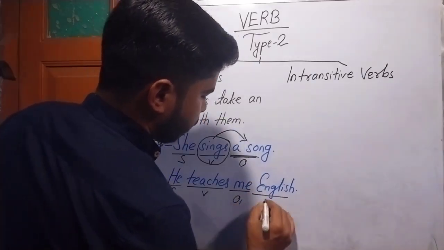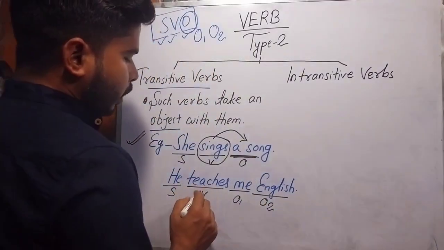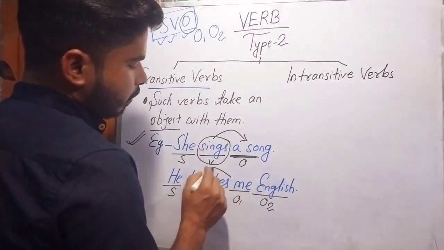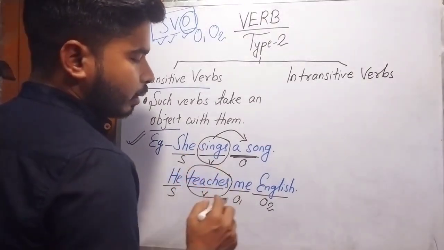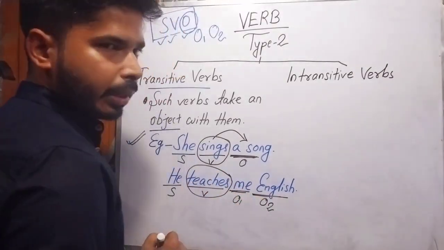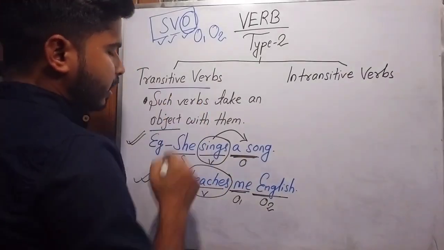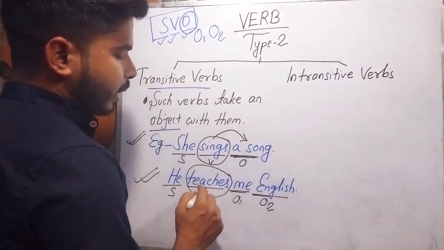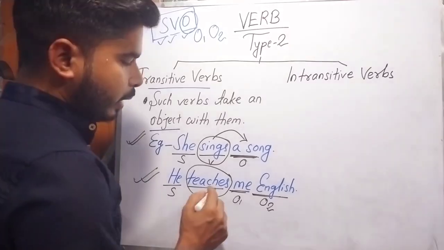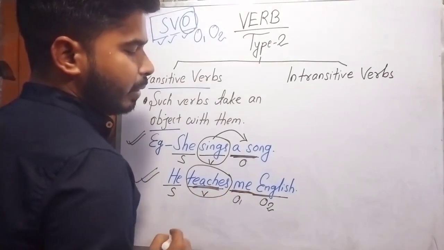This is O1 and this is O2. Okay. So in the same way as the first example, we see that the verb teaches has taken two objects with it. Number one is me and another one is English. So again, this sentence is a transitive sentence, or we can say that the verb teaches is a transitive verb, because this verb is taking objects with it, me and English.